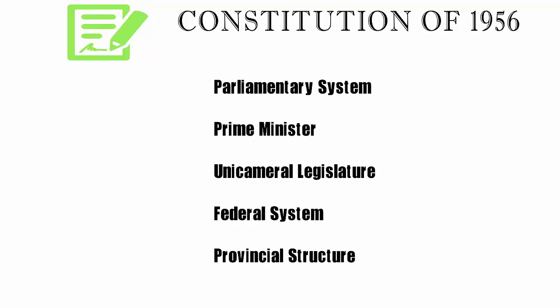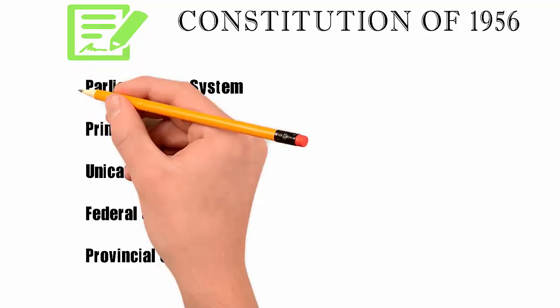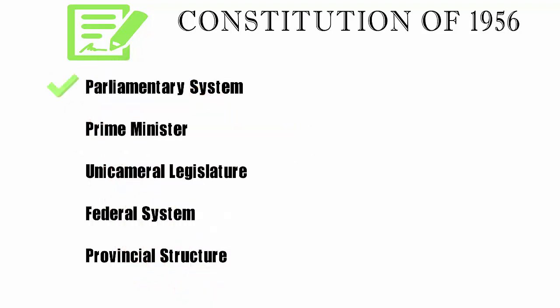Constitution of 1956. Chaudhry Muhammad Ali started the constitutional process in Pakistan when he became Prime Minister. Islamic provisions of the Constitution of 1956 are: Parliamentary system says that the President had ceremonial functions and exercised limited powers.